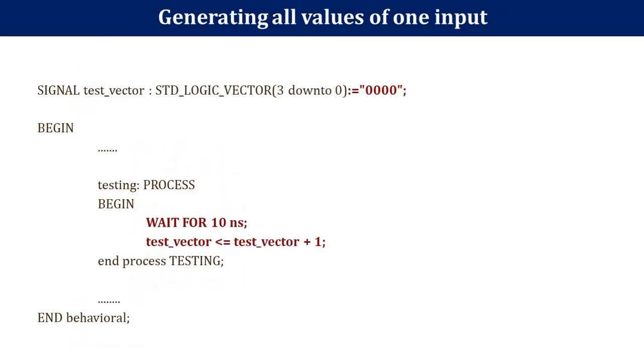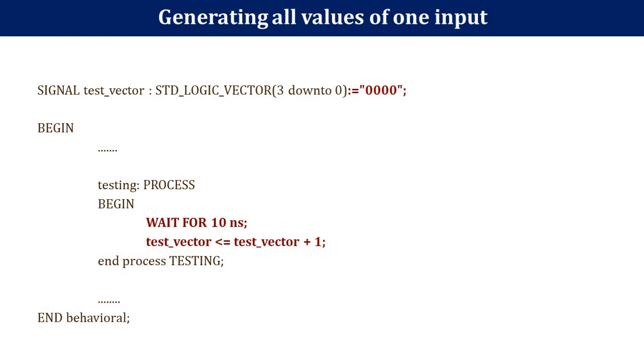But instead of this, if you have to generate all values of one input, then you have to provide the initial value of test vector. Test vector is assigned std_logic_vector 3 down to 0 colon equal to 0000, begin. Then inside the process you have to wait for 10 nanoseconds first of all.